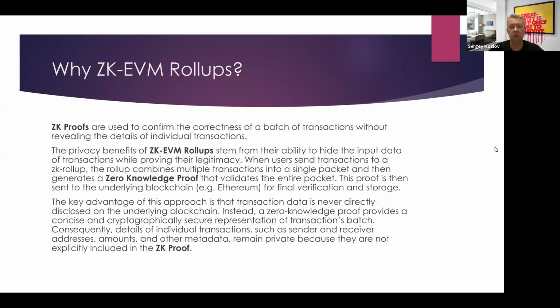And how zero-knowledge technology will allow us to do it is by these ZK proofs. So actually, what ZK-EVM rollups are doing is simply using this zero-knowledge proof to prove for the smart contract, which is deployed on the mainnet Ethereum, that everything that has happened in this ZK-EVM rollup happened according to the rules of the Ethereum virtual machine.